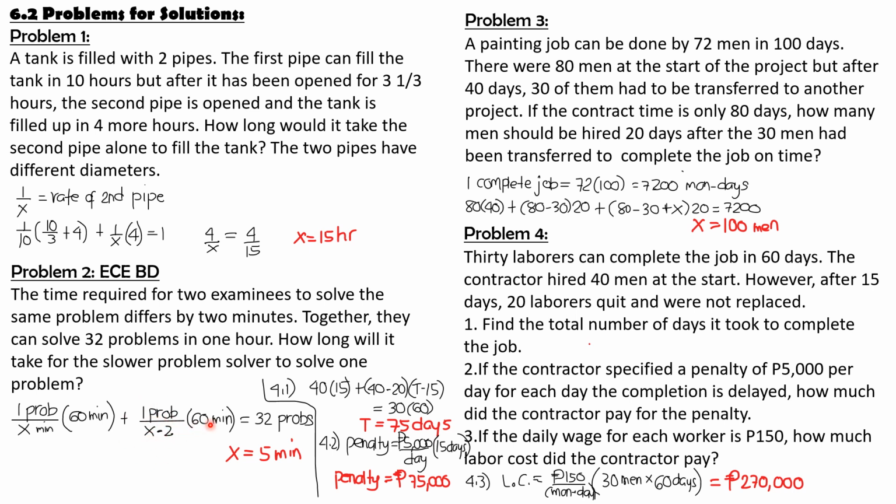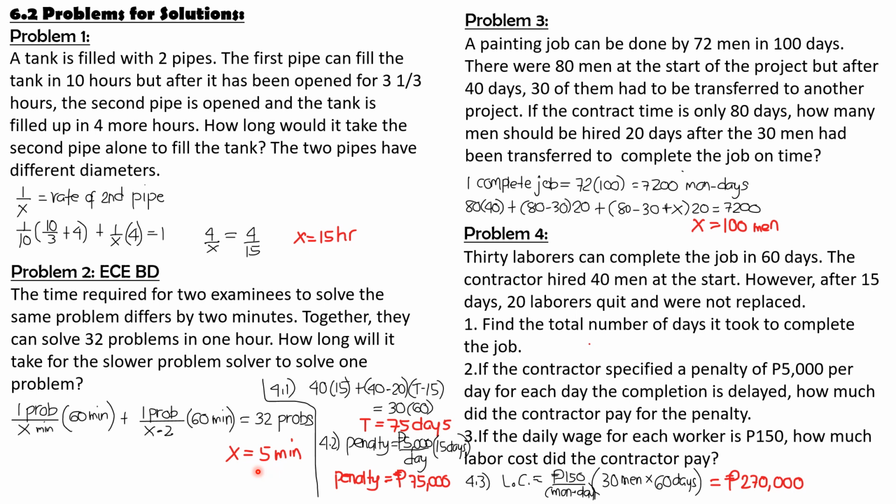And times 60 minutes, so this is the number of problems solved by the faster problem solver examinee, and this is the number of problems solved by the slower problem solver examinee. So we equate it to 32 problems using your calculator there. x is equal to 5 minutes.